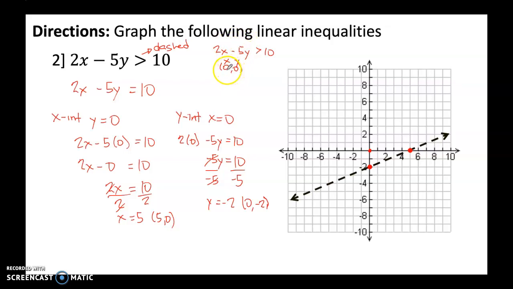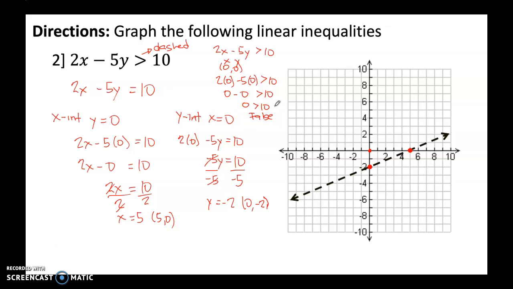Substitute the values of x and y into the given inequality. 2 times 0 minus 5 times 0 is greater than 10. 2 times 0 is 0, minus 5 times 0 is 0, greater than 10. 0 minus 0 is 0, greater than 10. 0 is greater than 10 is a false statement.